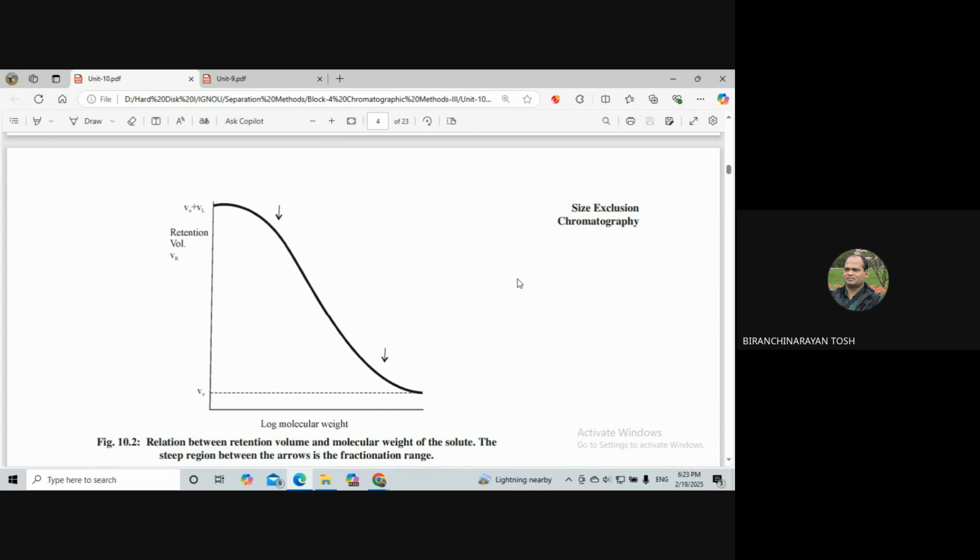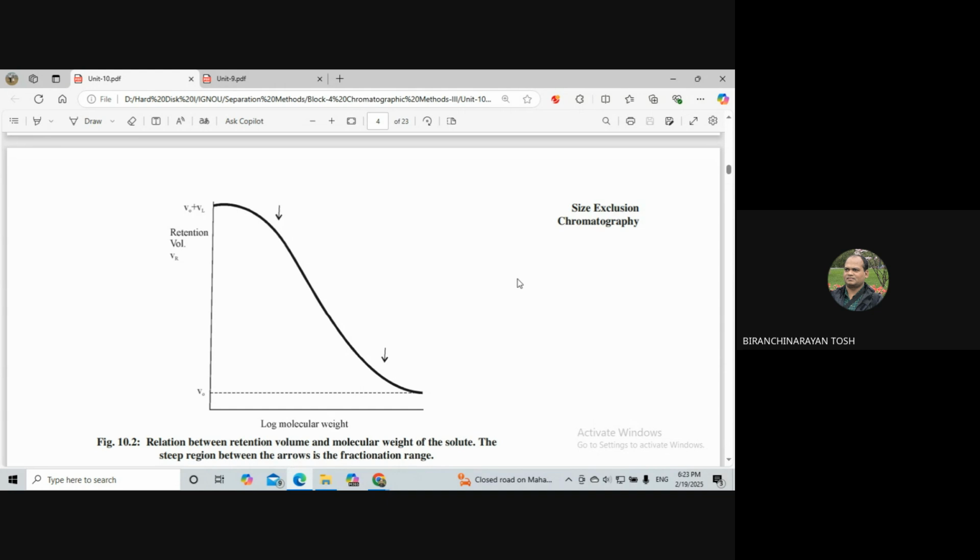In the case where sieving is the only phenomenon responsible for fractionation, a K value greater than 1 would never be encountered. However, sometimes such values are found, suggesting the occurrence of phenomena like adsorption, hydrogen bonding, and ion exchange between the gel and the solute.